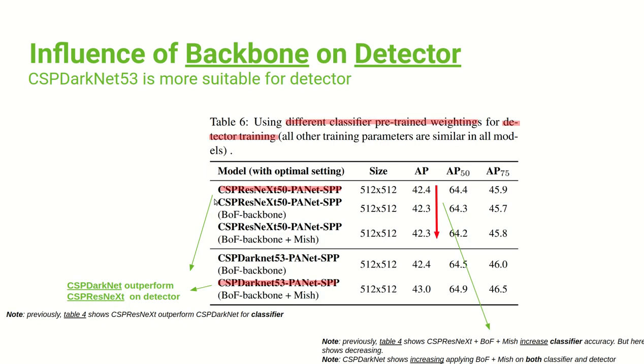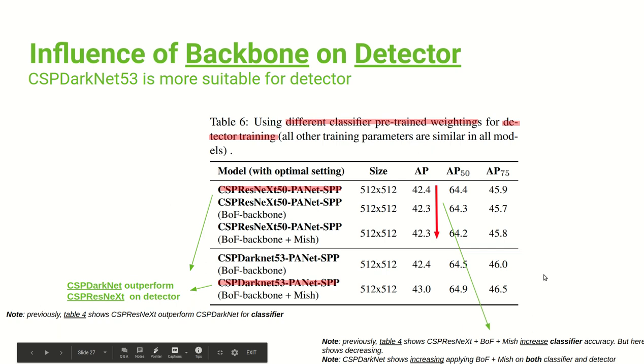So now they compare the backbone on the detector. They found out that Darknet outperforms ResNeXt. This image is quite interesting. On the detector task, ResNeXt tends to perform worse, while the things you add in before give better results on the classifier.